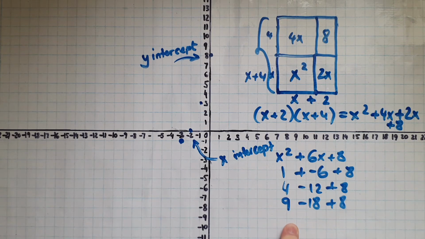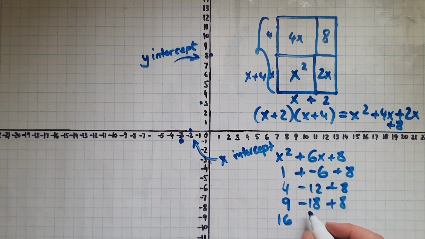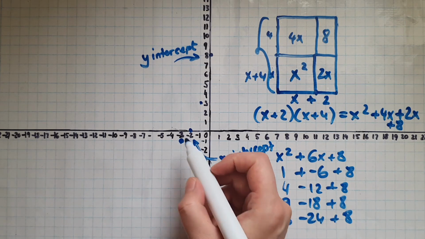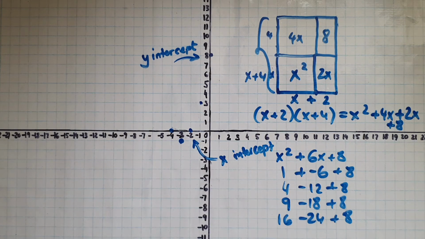What happens when we look at x equals -4? So -4 squared is 16. -4 times 6 gives us -24. Add 8 to that. So 16, take away 24 is -8, add 8 gives us 0. So -4, 0 is another point.